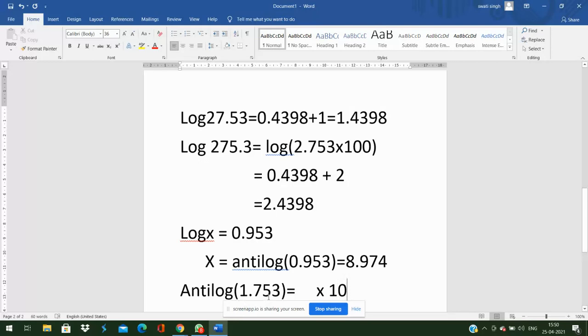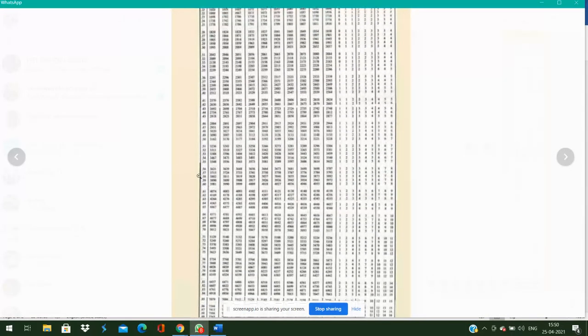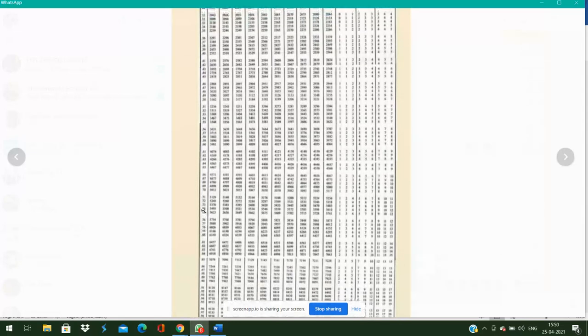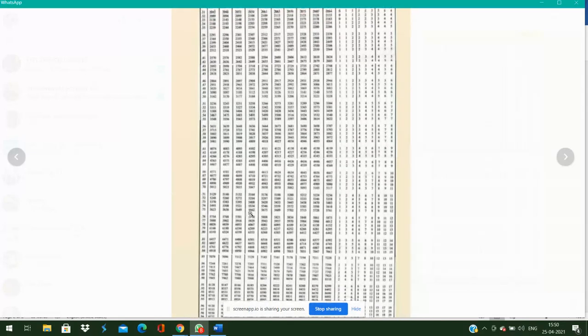And now for the value of antilog 0.753, just move towards the antilog table. 753 is there, 75 is here, this is 75 and 3.